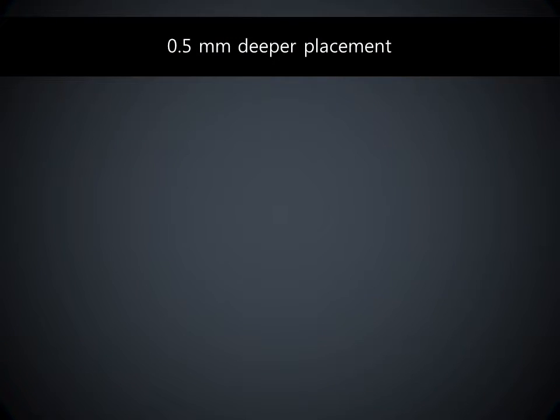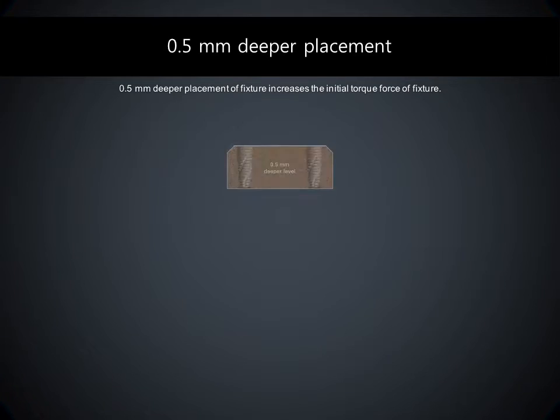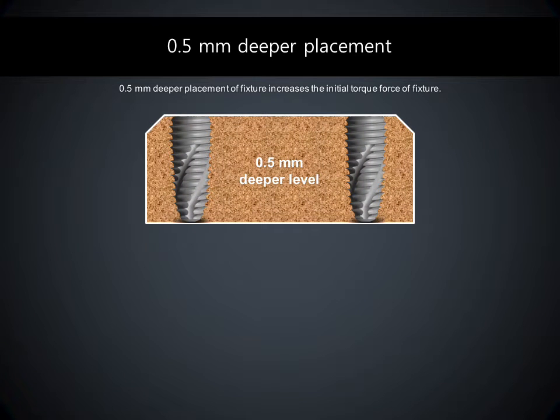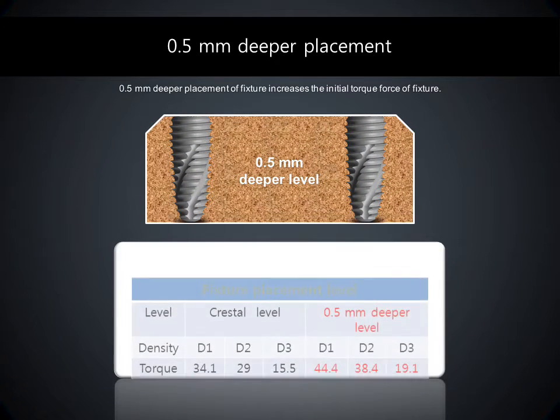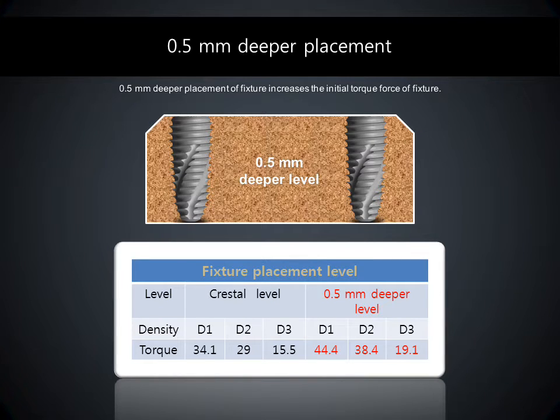The gap between the drill's diameter and the fixture's diameter is a major factor in fixture placement stability and bone healing. A narrower gap gives higher stability of the fixture, but a narrower gap induces more compressive bone necrosis in dense bone.